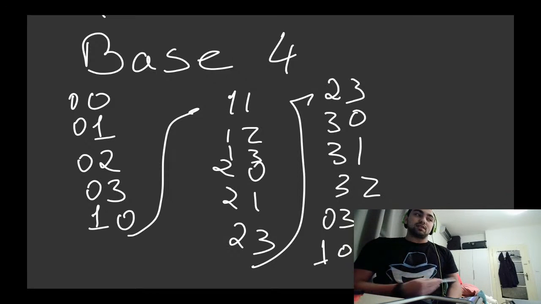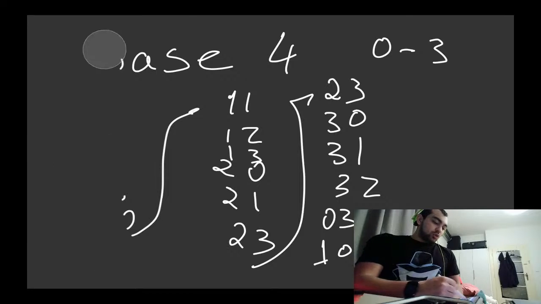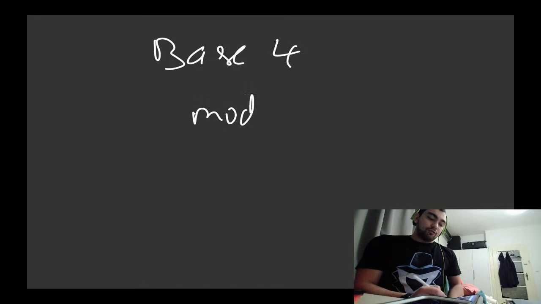And it's the same concept as base 10, except you're limiting your digits to 0 through 3. Your digits are always going to be mod 4, right?